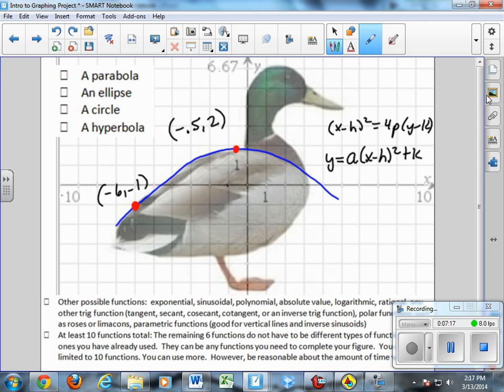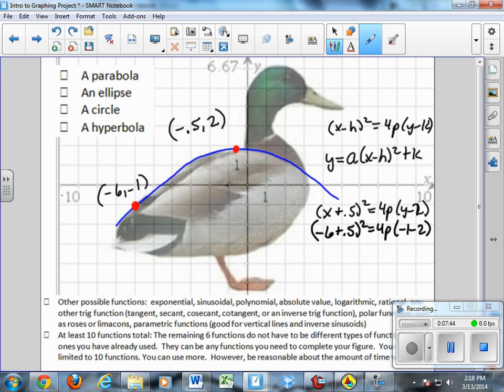Maybe I'll do the first one because I think I'll show you both ways. So I can say, for example, x plus 0.5 squared is equal to 4p times y minus 2. Oh, I forgot to put the x and the y in. Now I put the x and the y in, I would have negative 6 plus 0.5 squared is equal to 4p times negative 1 minus 2.